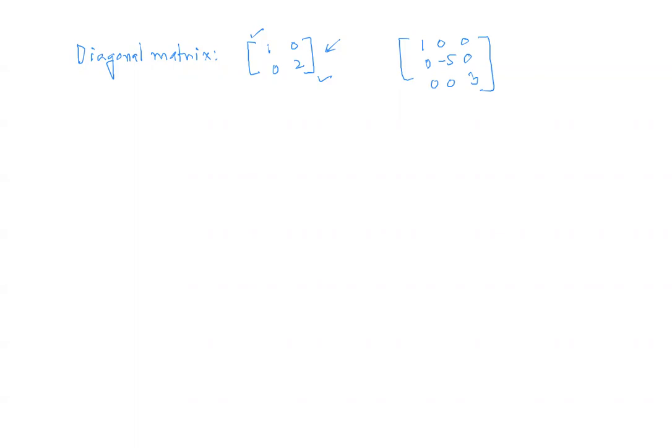Some interesting properties of diagonal matrices. Let's say D1 is a diagonal matrix and D2 is a diagonal matrix. If you add them, you will get a diagonal matrix. If you subtract them, D1 minus D2, you'll get a diagonal matrix.